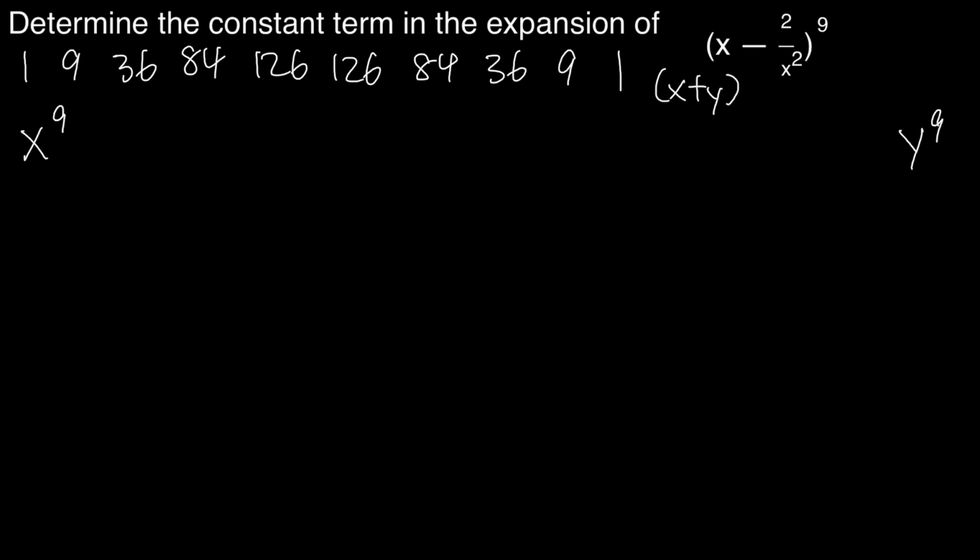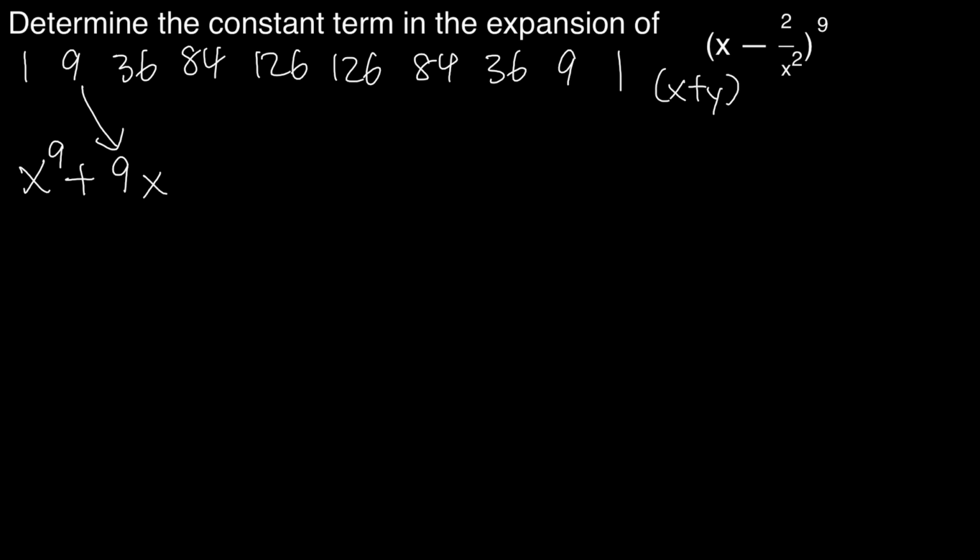I'm not going to write y to the 9th right now. So x to the 9th, and the next term has a coefficient. Bring the 9 over. The power for x is always going to decrease by 1 as you go down the terms.